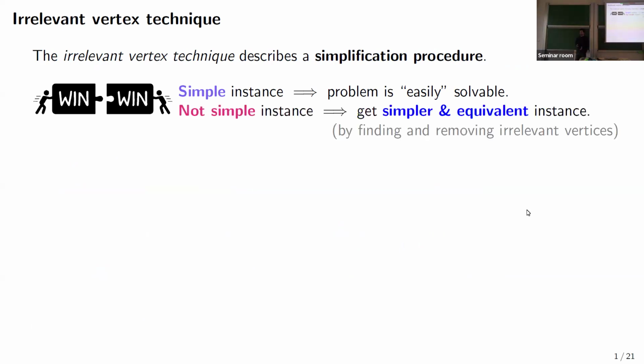If the instance is not simple enough, then I have a mechanism. The technique gives me a mechanism to simplify my graph and get an equivalent instance. By simplify, I mean find some vertices and remove them, and the removal of these vertices doesn't affect whether the instance is a yes instance or not.